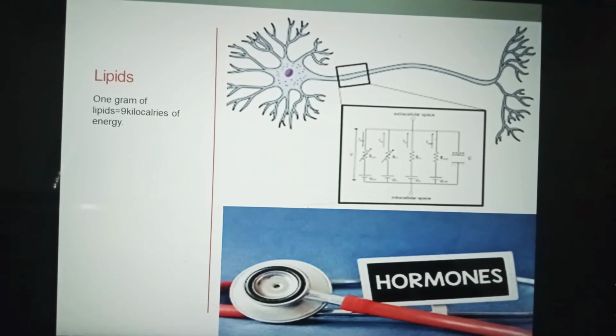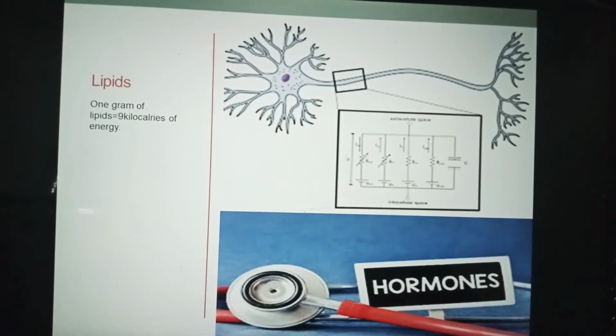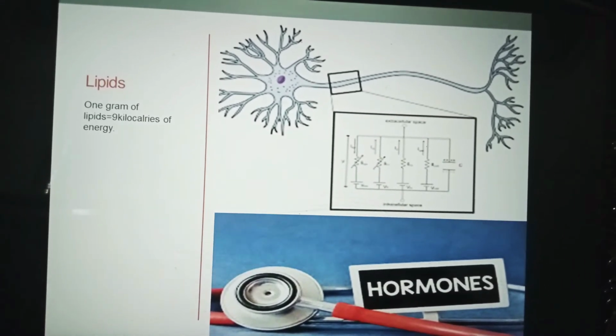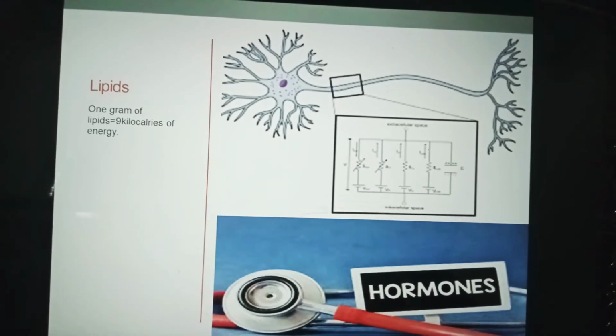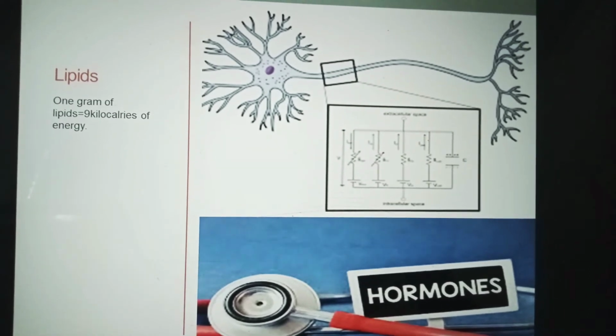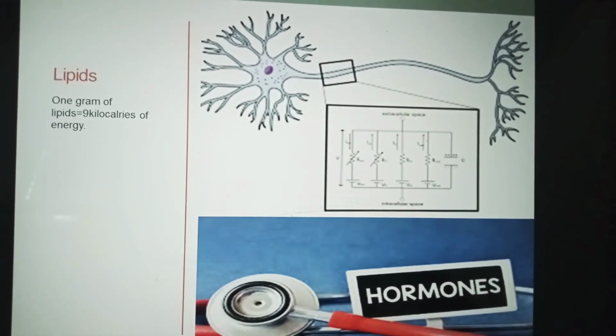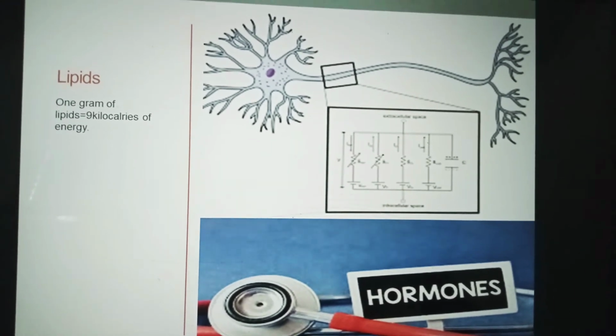And certain hormones. Lipids are also an extremely useful energy source. 1 gram of lipids contains 9 kilocalories of energy. Important sources of lipids are milk, butter, cheese, eggs, mutton, fish, mustard seeds, coconut and dry fruits.